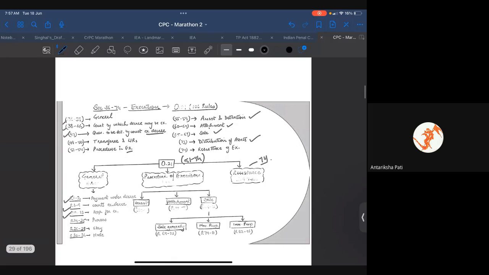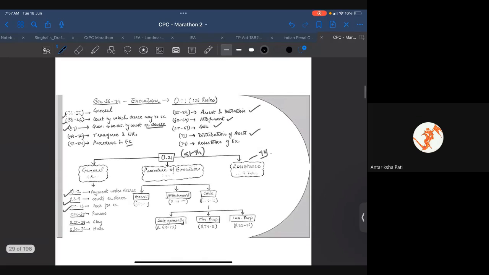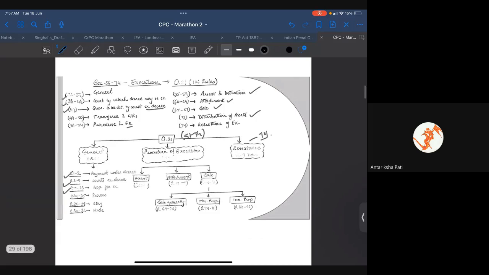Now Order 21 also: general is rules 1 to 36, then procedure of execution is 36 to 96, and resistance is 97 to 106. All of these headings are there.